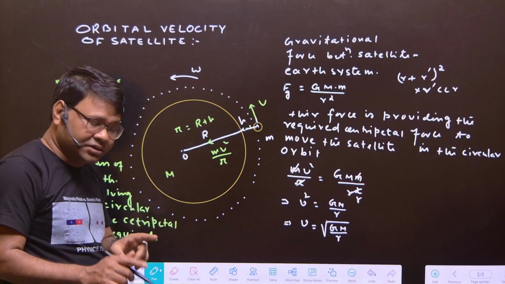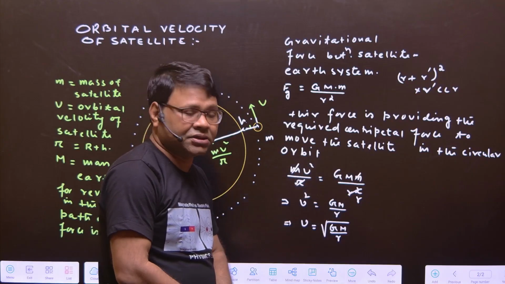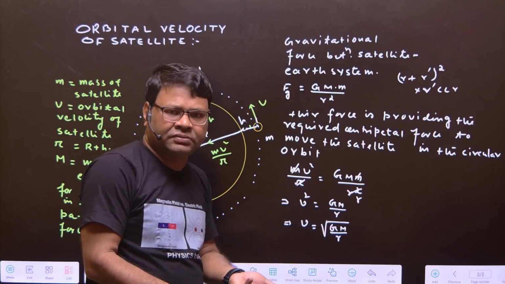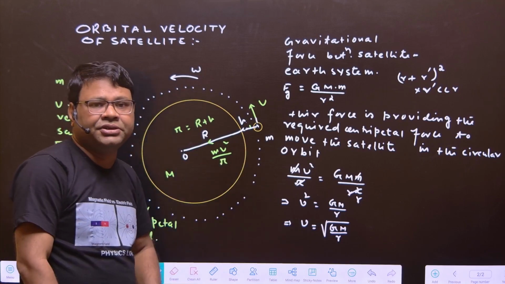But now see here, the orbital velocity or speed does not depend on the mass of the satellite. Root over of GM, M means whose mass? Mass of the earth. But the orbital velocity of the satellite does not depend on its own mass.